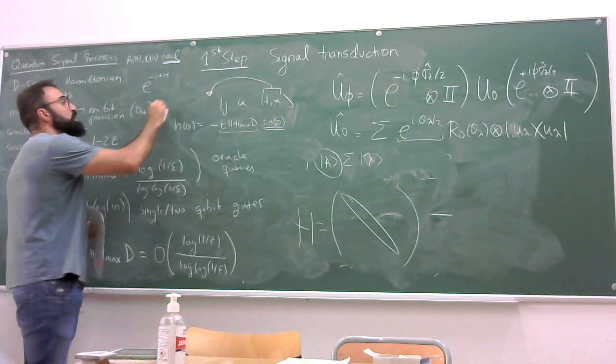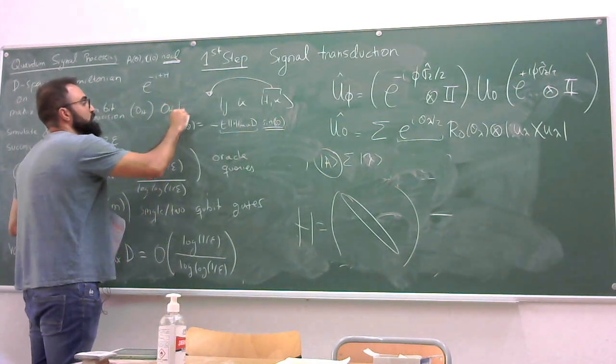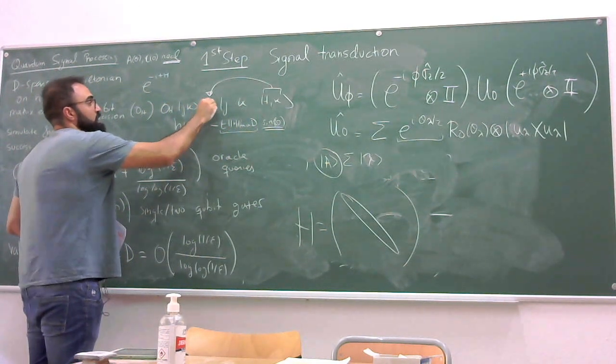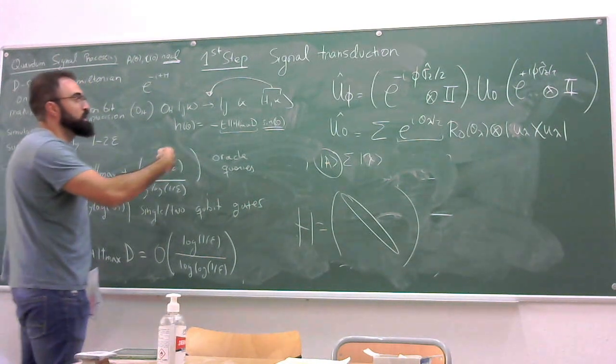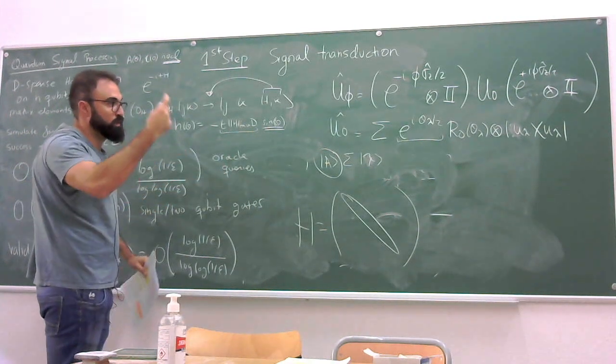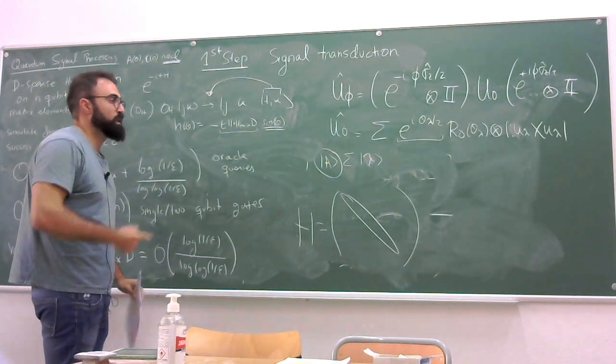Remember that this oracle O_H is a two-dimensional function that, given two coordinates j and k, is going to give you the value of that. So in the case of a diagonal Hamiltonian, this will be a single variable function.